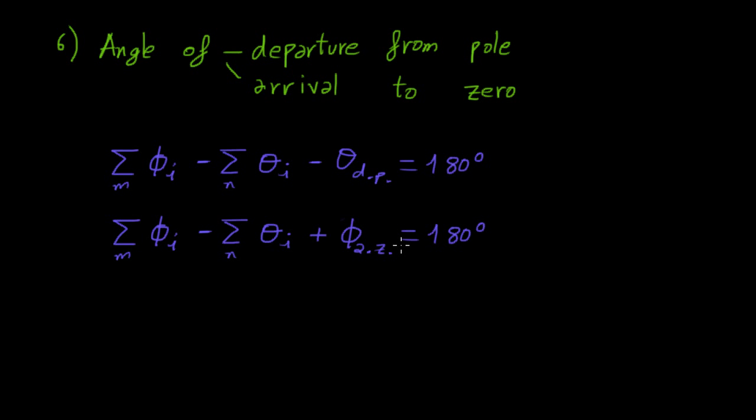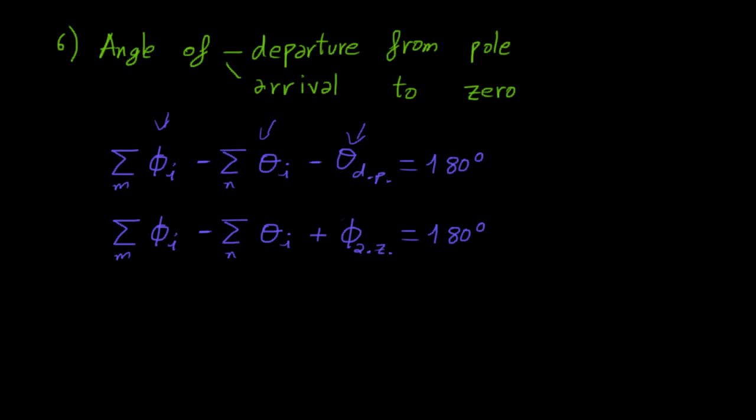Here are the formulas. They're just the angle condition applied at a point infinitesimally close to the pole or the zero we are analyzing. So this is the angle from the other zeros to the pole. This is the angle from the other poles to the pole, and this is the angle of departure from the pole. This has to be equal to 180 degrees.